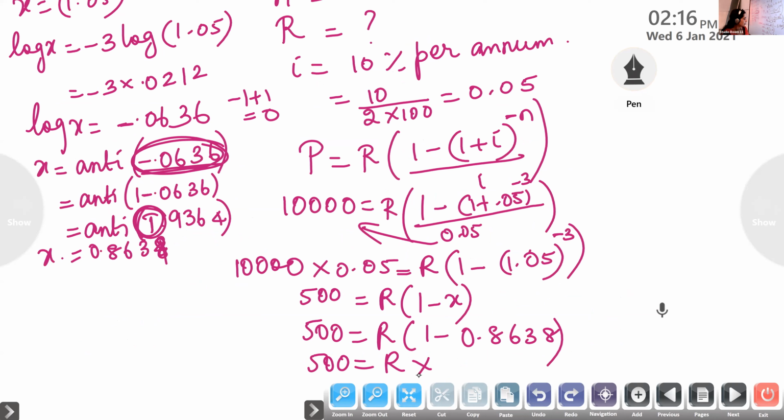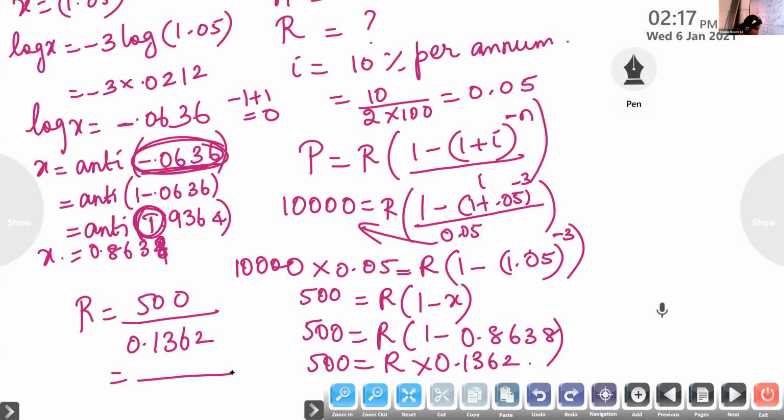It is 0.1362. Yes. So therefore, what is R? R is 500 by 0.1362. Simplify and you'll get the answer. Not the rate of interest; here it is the payment amount, the installment amount to be paid.